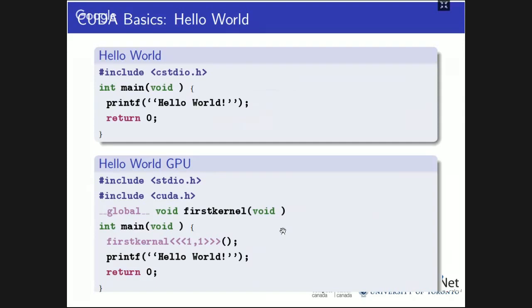Okay. So this is a very, very simple example, the hello world. At the top, you see the C version of the hello world, and at the bottom is the CUDA version, or the GPU version. The main thing is including the CUDA headers. Then you will notice that there are these qualifiers, underscore global and kernels. Those indicate basically where the code is going to be running.